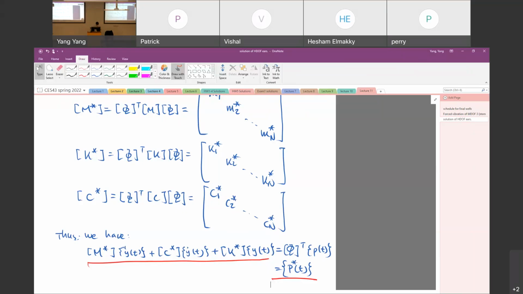So this would be very helpful. These equations of motion are now written in the form of matrices.